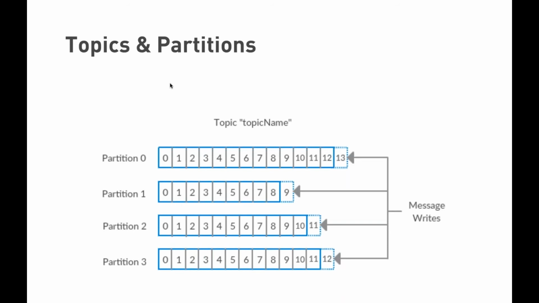What happens with partitions is that you can take the same topic and you can spread that across multiple brokers. For example, when you deploy Kafka in a multi-broker environment, it is absolutely possible to run one partition of the topic in a different broker, and you can spread these partitions across multiple brokers. So this is going to bring in scalability.